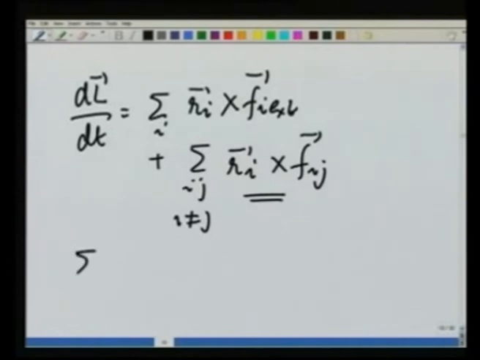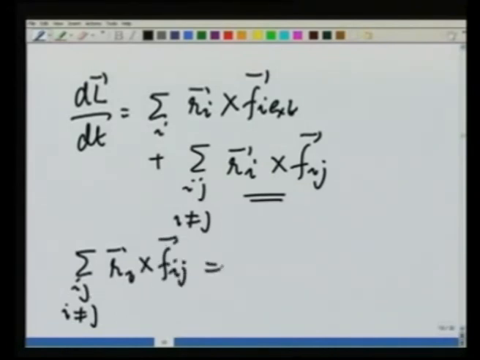So, I can write summation over i, j, i not equal to j, r_i cross F_ij. Since i and j are being summed over, I can interchange them and write this as summation r_j cross F_ji.